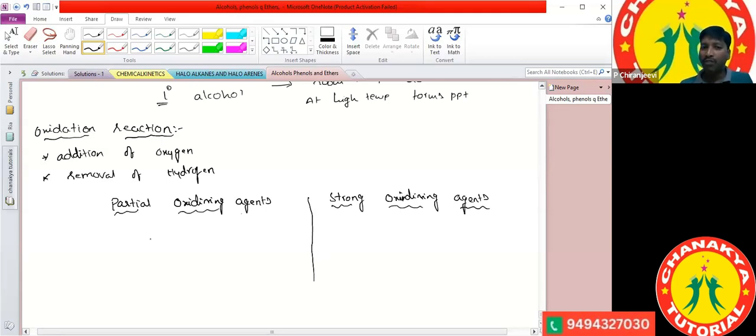What are the examples of the partial oxidizing agents? We can take PCC. PCC is nothing but pyridinium chlorochromate.